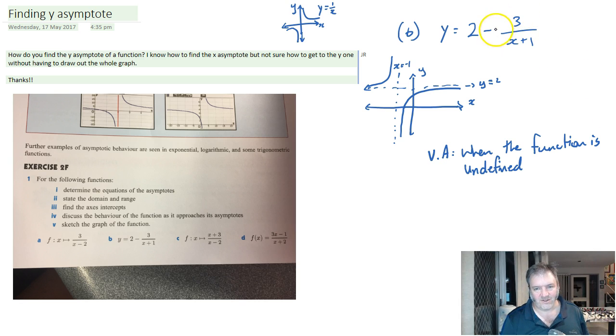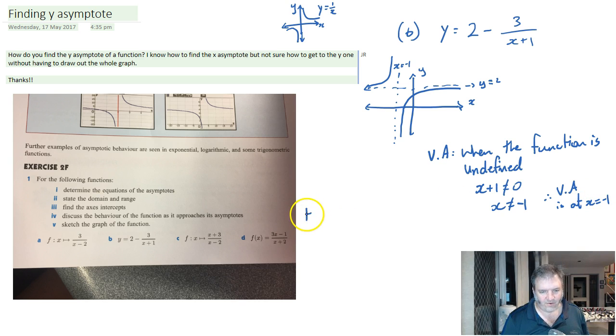Clearly, with these sort of functions, it's dividing by 0 that's the problem. And so x plus 1 cannot equal 0. x is not allowed to equal negative 1. Therefore, my vertical asymptote is the line x equals negative 1.